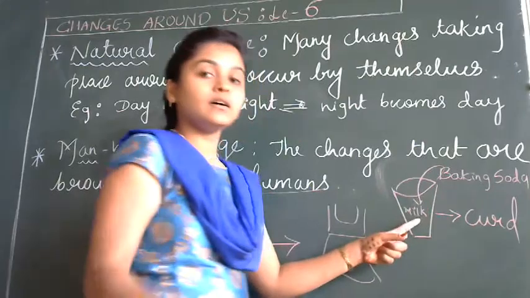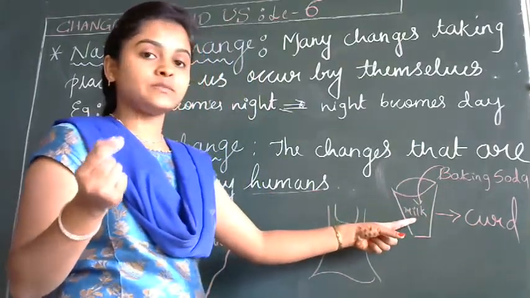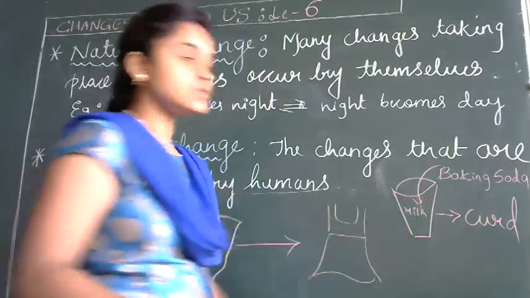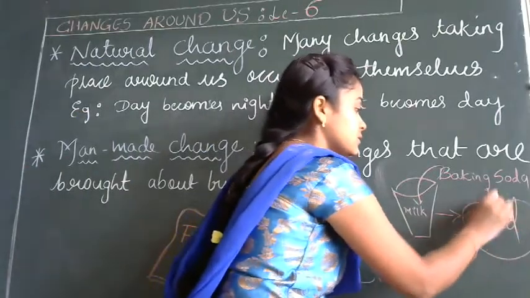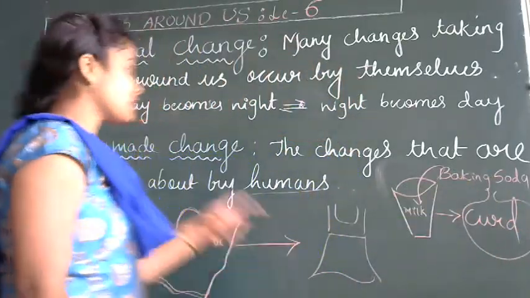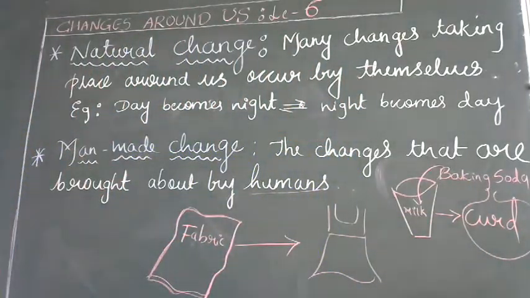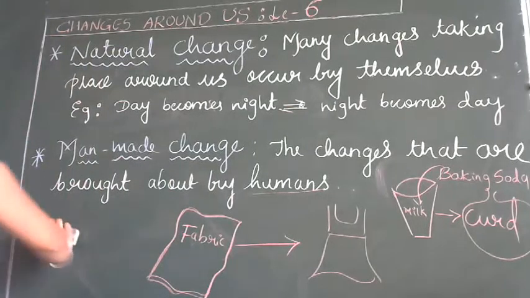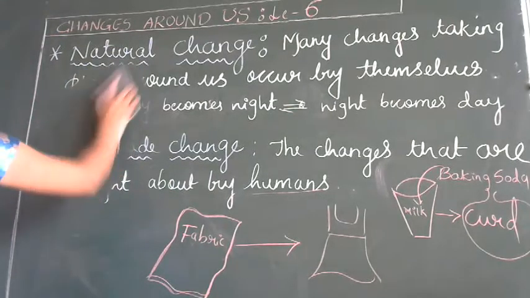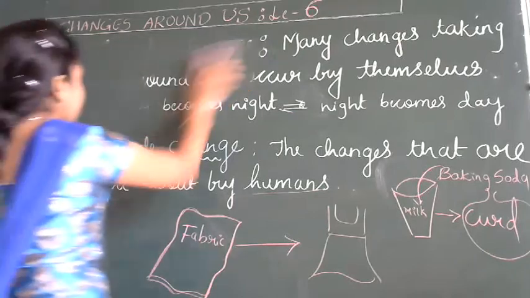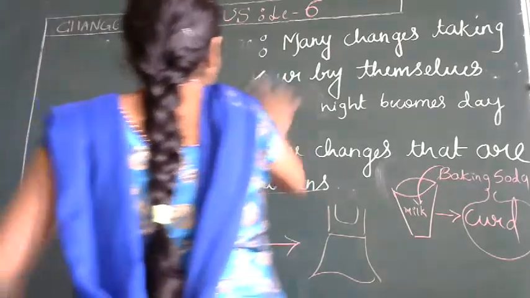You will add a pinch of baking soda in this milk so that the milk will change into curd. So this is a man-made change. I hope you all understood what natural change and man-made change are.